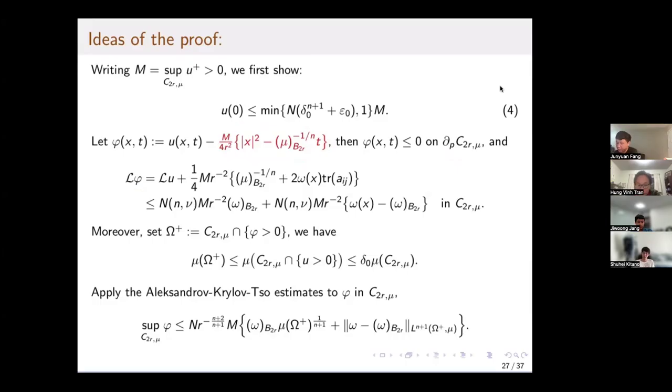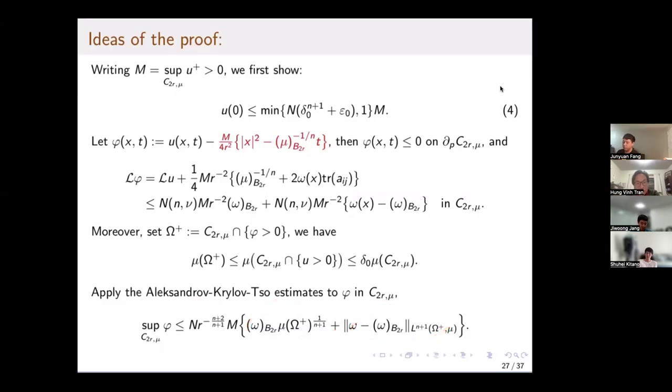By the perturbation of this one, we have the omega average, right? And the acceleration term. And also by the density condition, we have these two conditions. And apply the Alexandrov-Krylov-Tso estimate to phi. We have this term, and this is the first term, this is the second term.